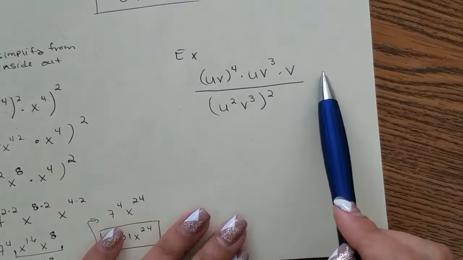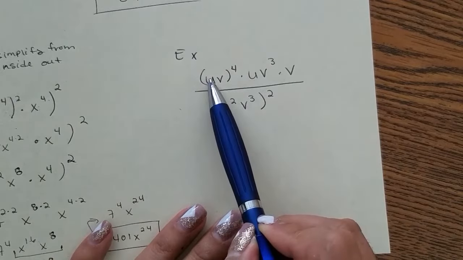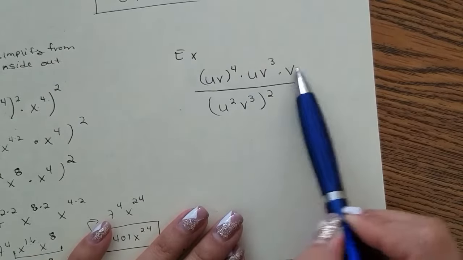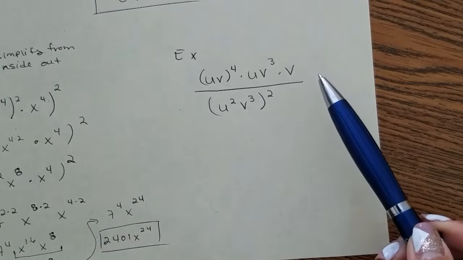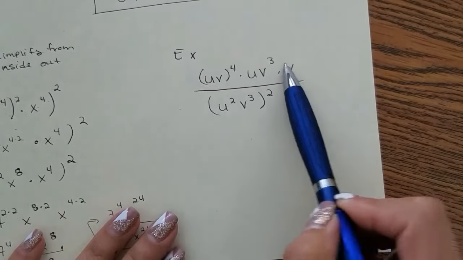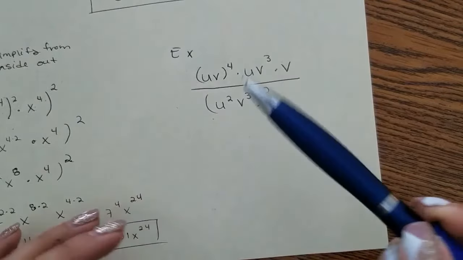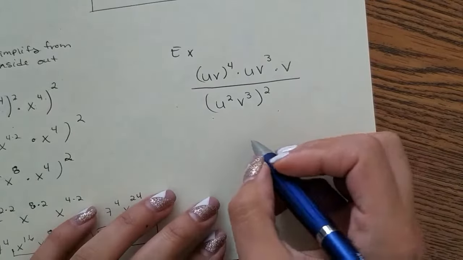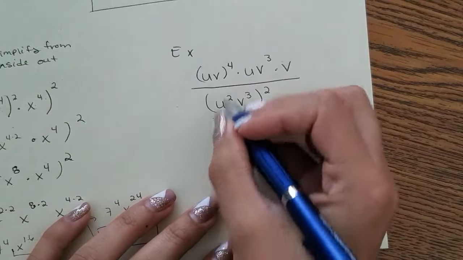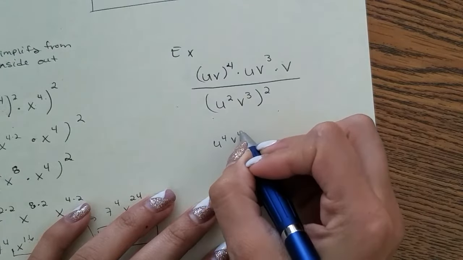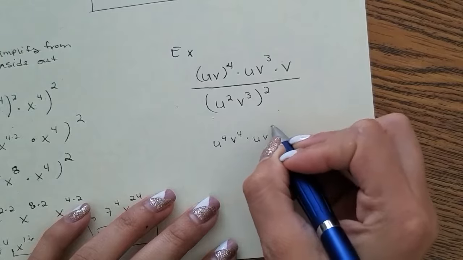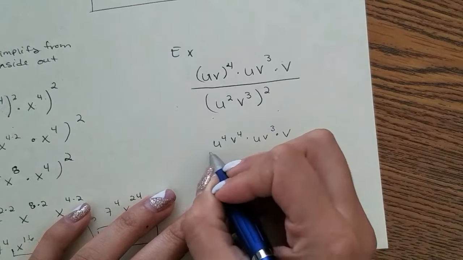Okay, last example here. All right, so you see that you have the same variable across the top and in the denominator. So what I would do is simplify the numerator, then simplify the denominator, and then simplify those together. So here you have to apply that 4th power. So you have u4v4 times uv cubed times v.